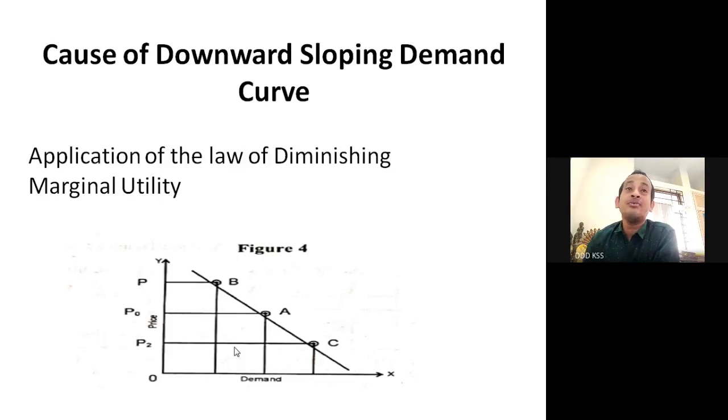This is the reason why the demand curve slopes downward. So here we can see the application of the law of diminishing marginal utility in the law of demand. This is the first reason.